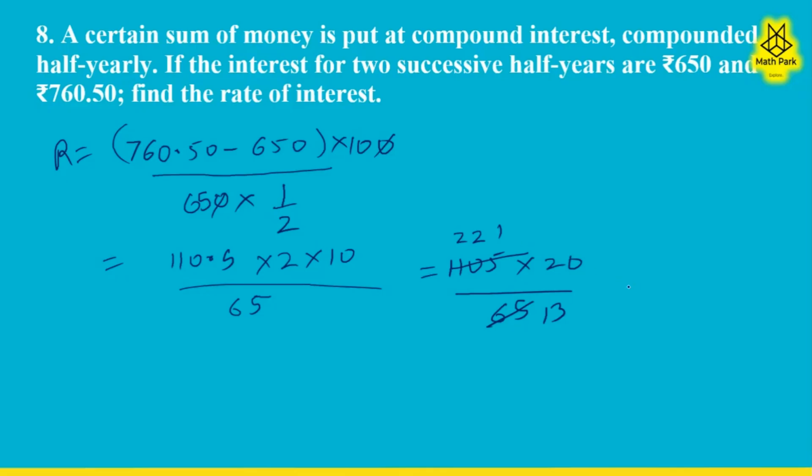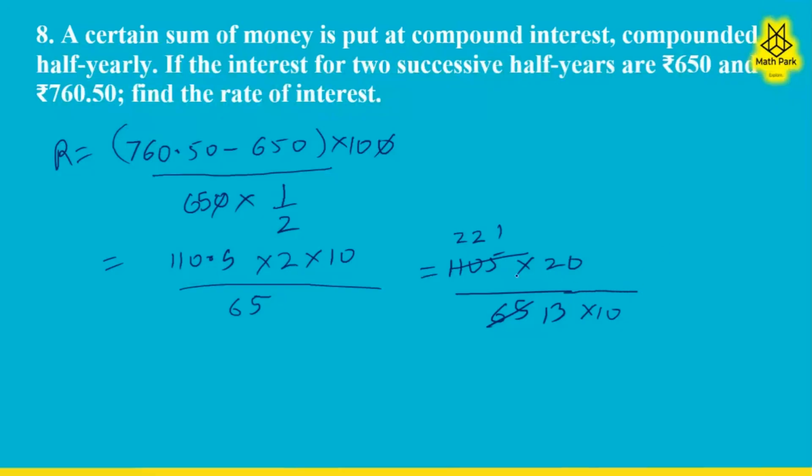So 2, 2, 1. Since we wrote it 110.5, we have a denominator 10 again here. This 2 had got shifted up, so that becomes 20. This 0 got cancelled. 221 divided by 13, I get 17. And 17 times 2 we get 34%, which is the rate of interest.